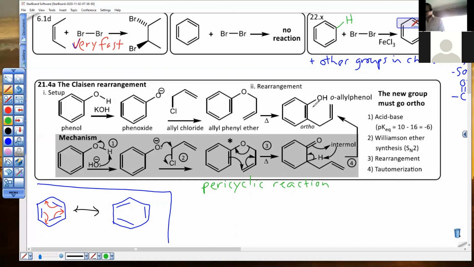Aromaticity. This molecule you have here is not aromatic for one simple reason. In the ring, you have an sp3 atom. An sp3 atom cannot resonate in a circle.